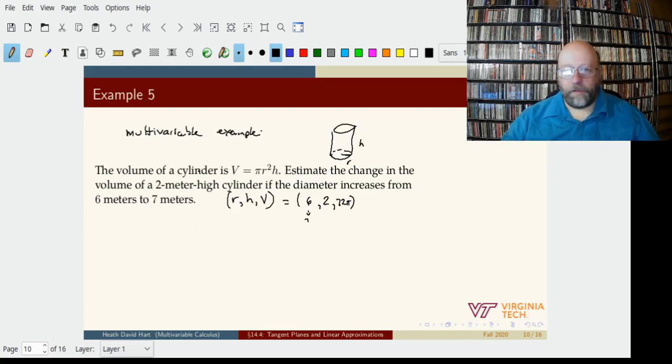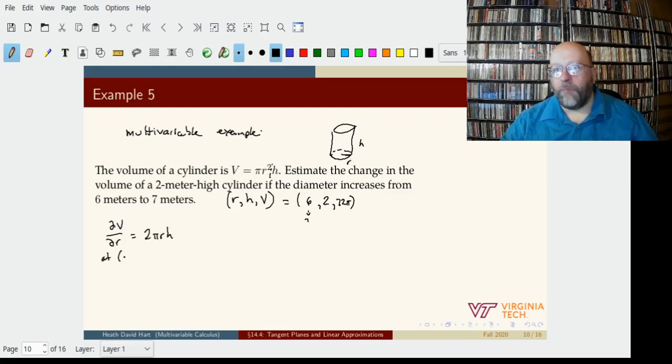So let's figure out what the tangent plane to this equation is here at the point from the original cylinder. It hasn't changed yet. So the derivative of v with respect to r is, take the derivative of pi r squared, we get 2 comes down, 2 pi r, and nothing happens to the h.